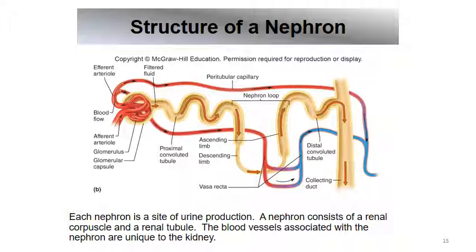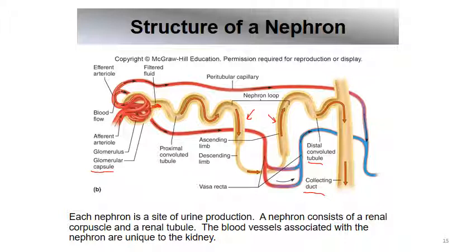And now we're seeing just kind of the entire picture of a nephron. Okay, so once again, the glomerulus is on the inside. Glomerular capsule is just the covering of it. The fluid comes out, and now the fluid is going inside first the proximal convoluted tubule. The nephron loop or the loop of Henle has those two parts that go down and then up, and the distal convoluted tubule is then the last part that connects to the collecting duct.